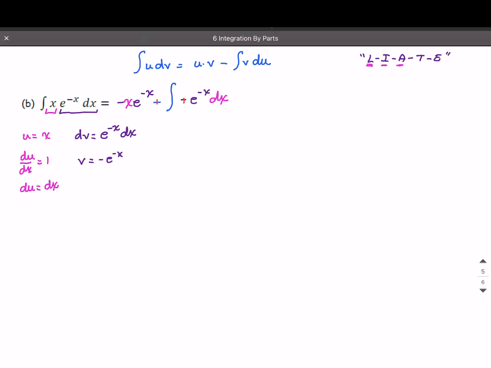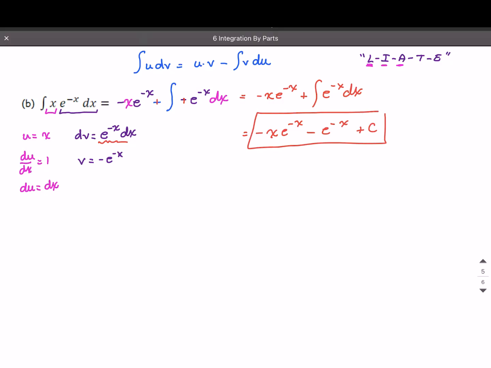So what we're looking at here, we've got negative x e to the negative x plus the integral of e to the negative x dx. So we're going to keep the first part plus the antiderivative of e to the negative x. Didn't we just do that over here? It's negative e to the negative x, and don't forget your plus constant. There we go. We've done two.